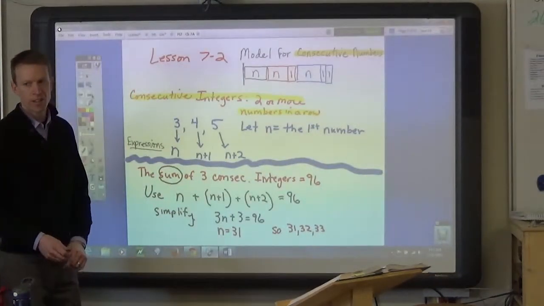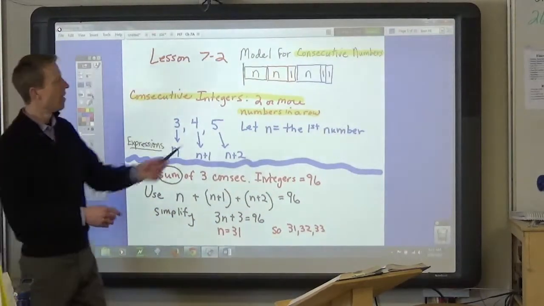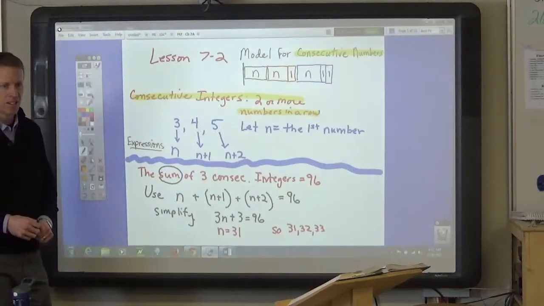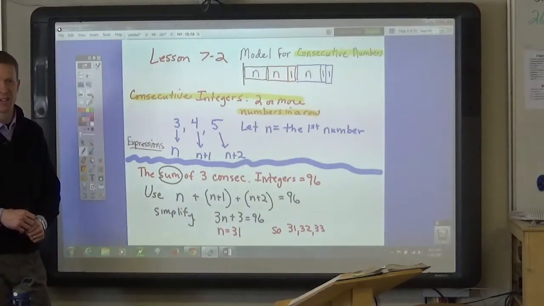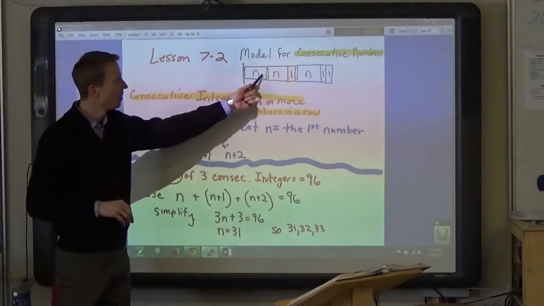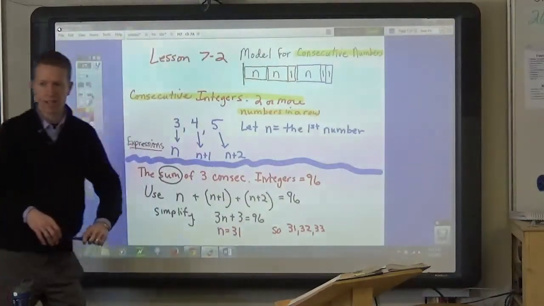How many n's are there then? N, and n. There are 3 n's. And how many 1's are there? 3. See, you can see them. N, 1, 2, and 3.